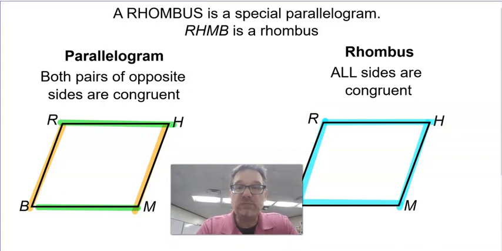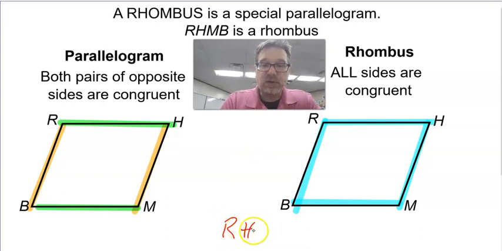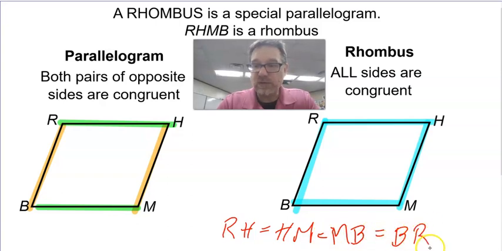So all of those are equal in a rhombus. Top RH equals the length of HM, that equals the length of MB, and that equals BR. All four sides in a rhombus are the same.